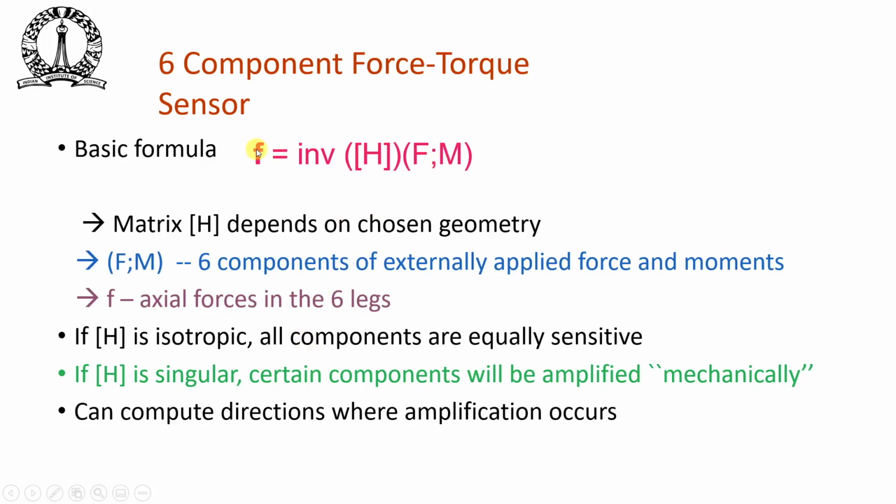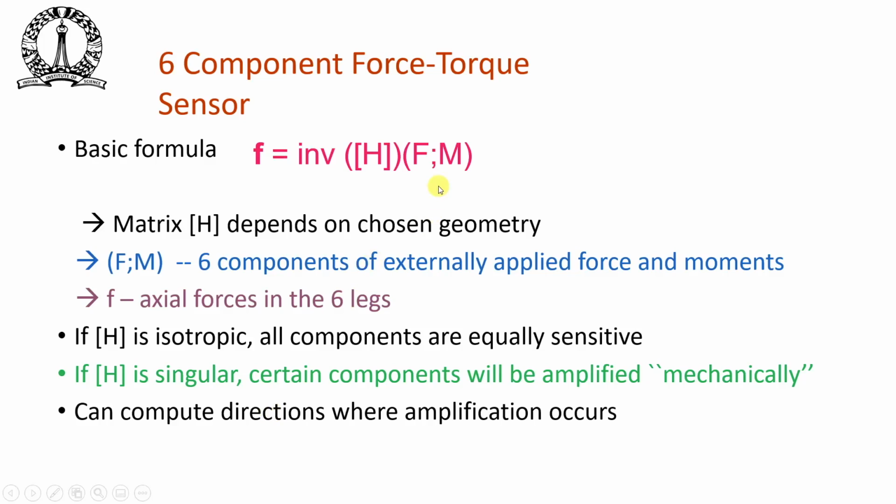We can measure this f and we can see that all the values of the small f vector will be equally the same. If H is singular, certain components of this F comma M will give rise to larger small f. This is what we mean by a Stewart platform in a singular direction.